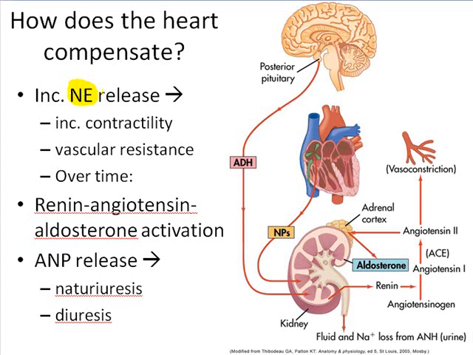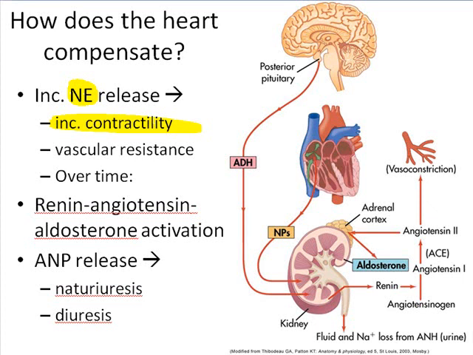And both of these, as you'll remember, are great at elevating blood pressure and blood volume, which elevates blood pressure. And in the case of norepinephrine, it also helps to directly increase the strength of contractility of the heart muscle itself. So great in the short term, we elevate blood pressure, we elevate blood volume, and that does help compensate in the short term for reduced cardiac output.